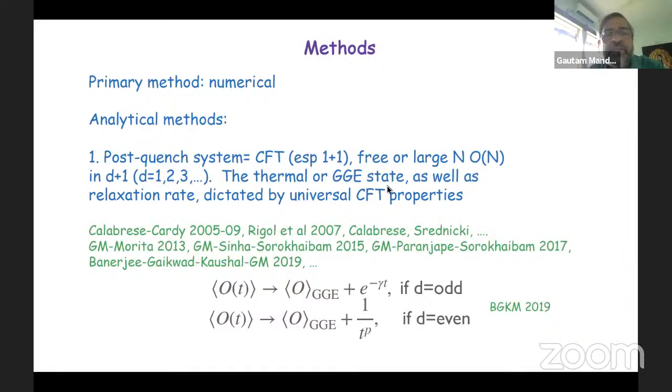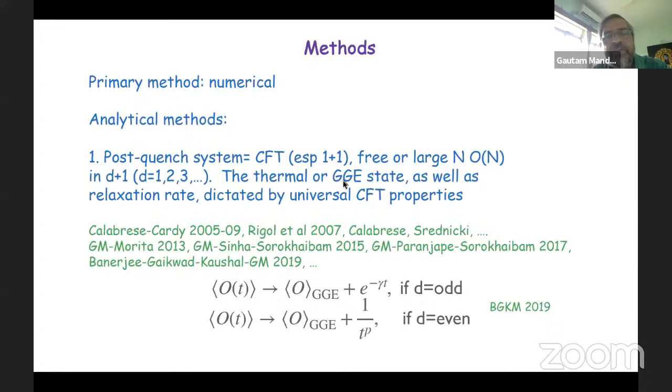And we find some universal properties of conformal field theory, the critical exponents which determine the relaxation rates. That is true of both the thermal case as well as the GGE.